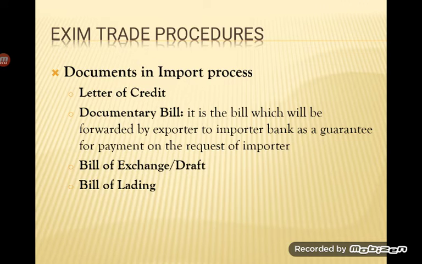It acts as a guarantee for the importer that he will be receiving the commodities within a particular span of time. Once he gets the bill of lading, he will submit all the documentation necessary for his bank to make the payment to the exporter. That is why the bill of lading is a very important document in the import process.